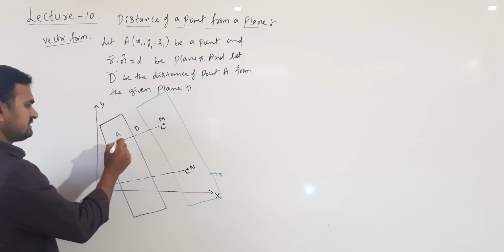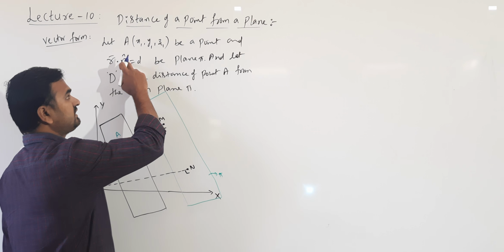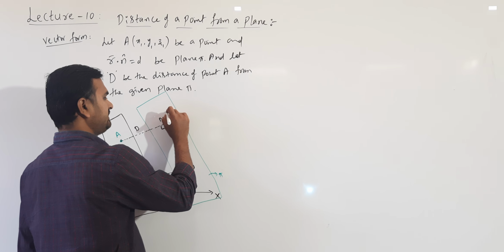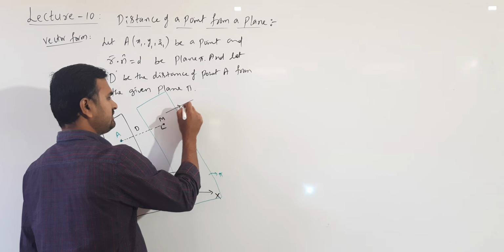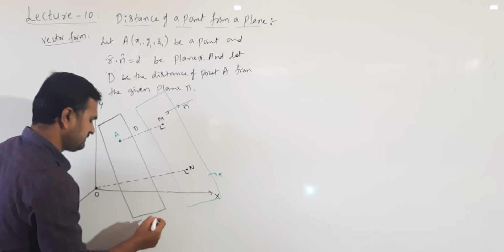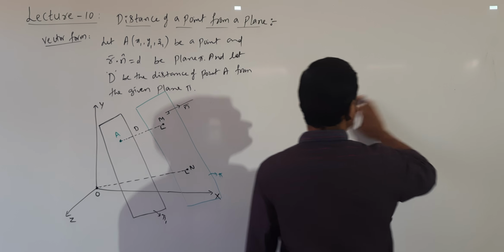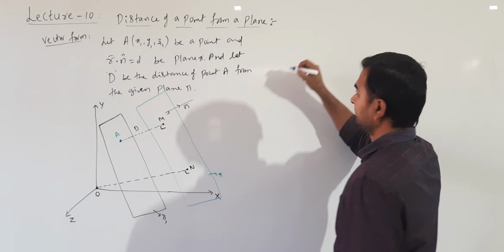So how do we write the equation of a plane passing through a given point and parallel to a given plane? Observe here, this is the given plane. What is n cap or n bar? n bar is a normal vector to the given plane. Now these two are parallel, which means n bar is perpendicular to this plane also. This is pi given and suppose this is pi 1 I am taking. So let us take a parallel plane to that given plane.